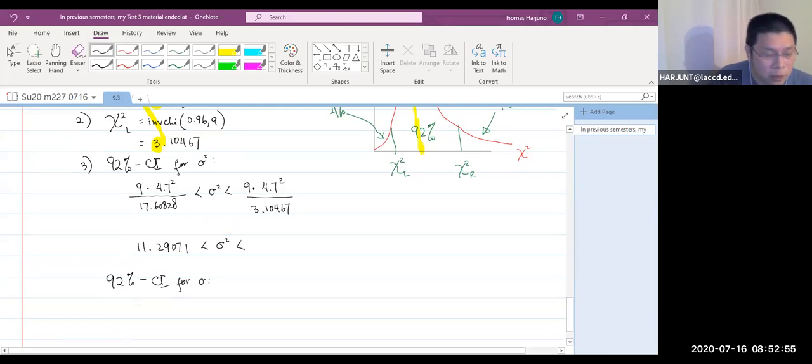I will get 3.36017 less than sigma less than blah. 9 times 4.7 squared divided by 3.10467 is 64.03579, and the square root of that will be 8.00224.